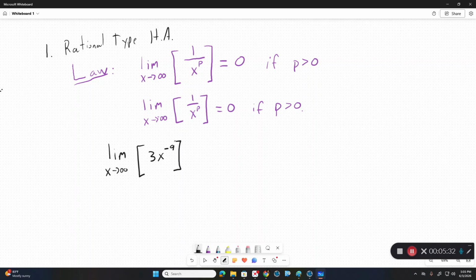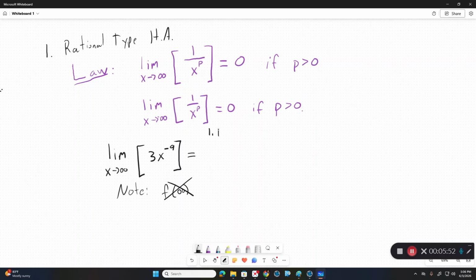So what about something like this? What is the limit as x approaches infinity of 3x to the negative 9? Note, we cannot plug in infinity. That's why we're talking about the limit. So we need to treat this as limits, and we're going to use the rules on limits to try to get by.